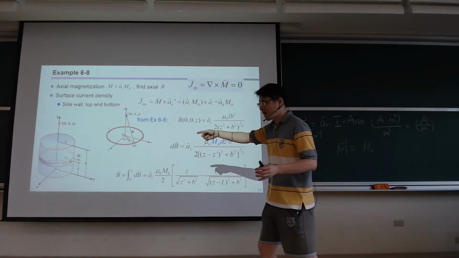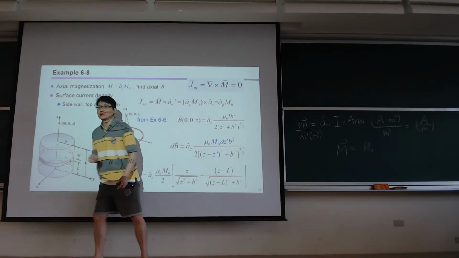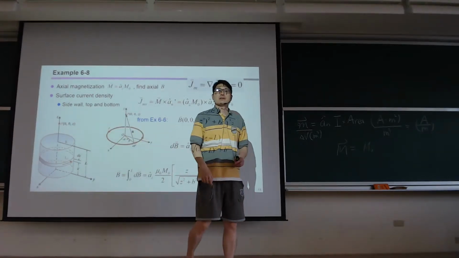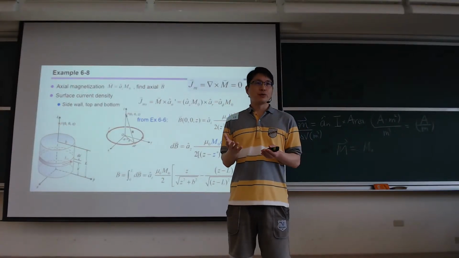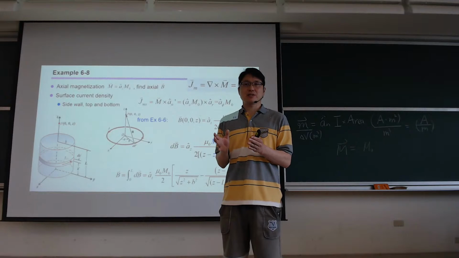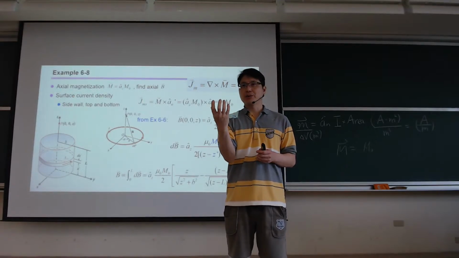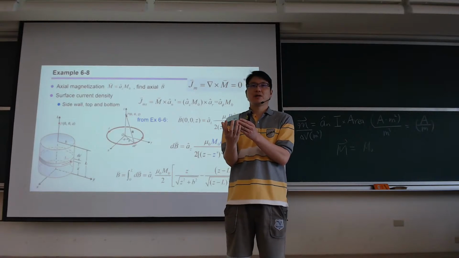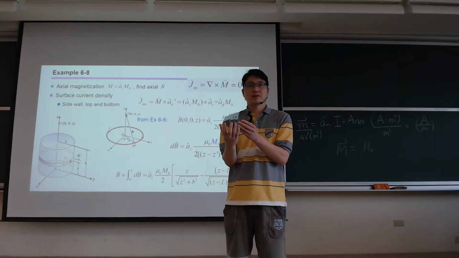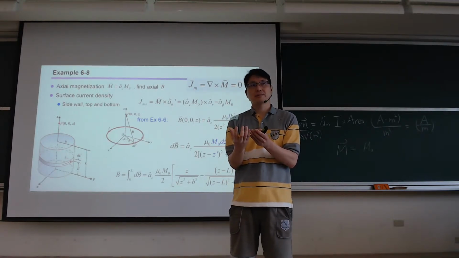In this case, you only have the surface current at the outer edge, right? So unless you have a non-uniform material, you only have surface currents. Okay? So if you have the volume current density, that means your material is suffering from non-uniformity in terms of space, right?